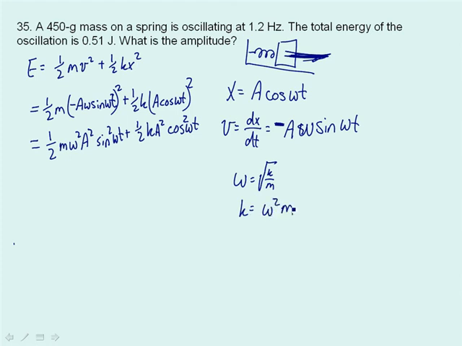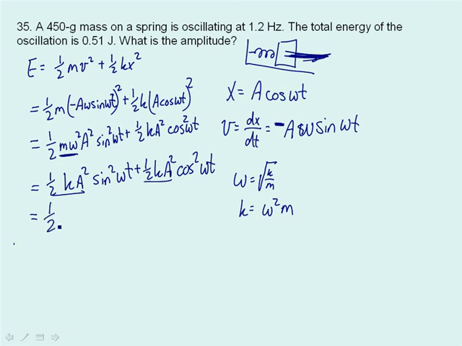So I can rewrite this further and say 1/2 m omega squared becomes k, so 1/2 k a squared sine squared omega t plus 1/2 k a squared cosine squared of omega t. We have a common term here, 1/2 k a squared.